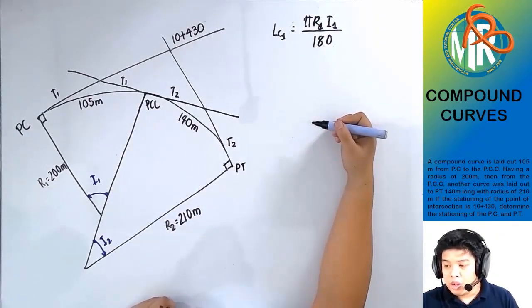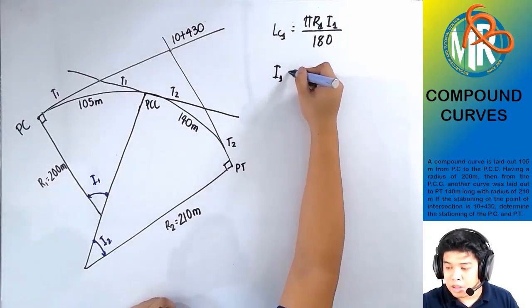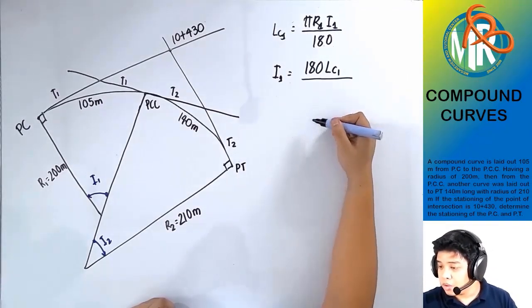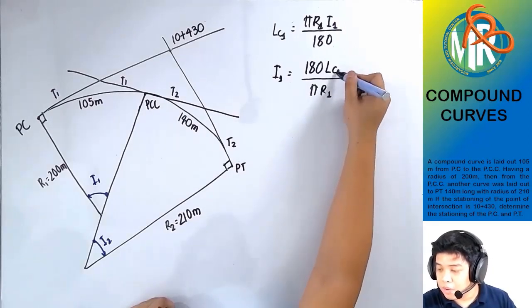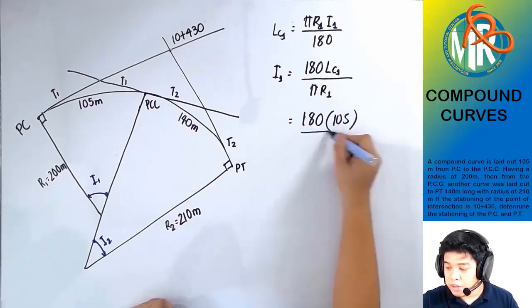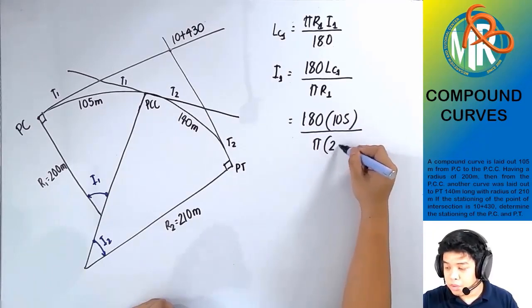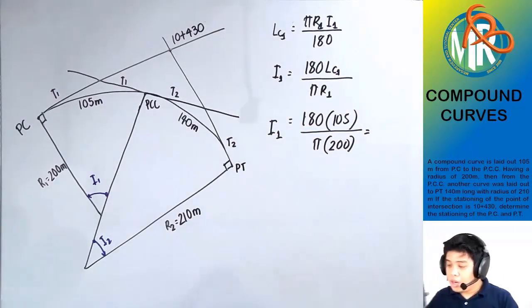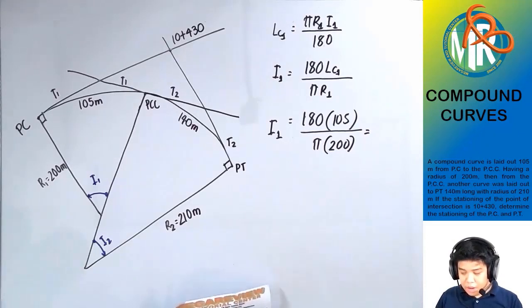If you want to get I1, that is simply 180 times the length of curve 1 over pi R1. Calculating, the length of curve 1 is 105, divided by pi times the radius of 200. So I1 is 180 times 105 over pi times 200, and the answer is 30.08.